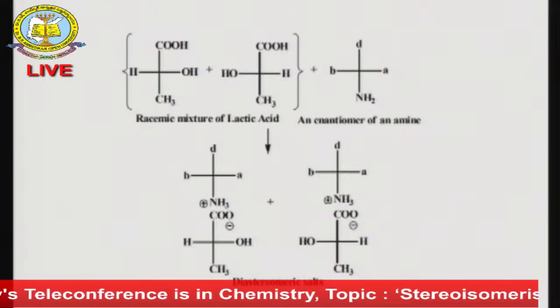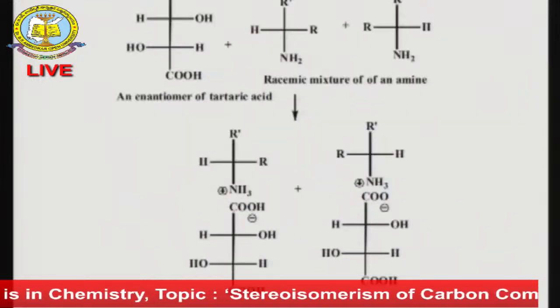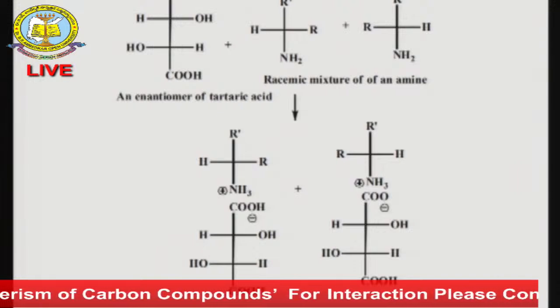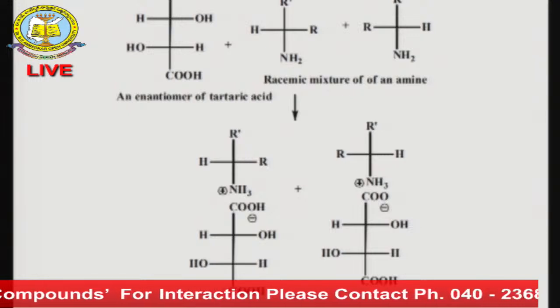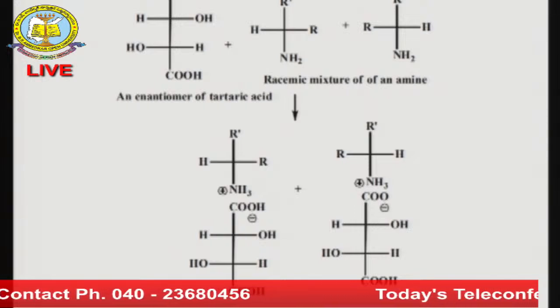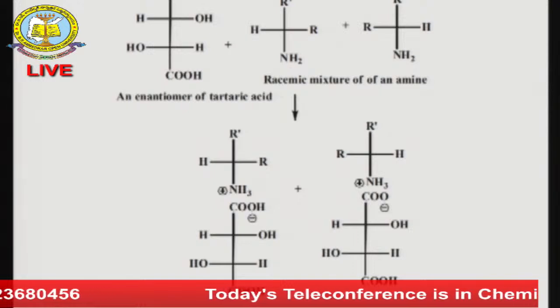So if you see the reaction here, where tartaric acid is treated with a chiral amine derivative, the very important thing is that the outsider compound must be chiral and optically pure, and the outsider compound which is treating these enantiomers must be easily available and stable to the reaction conditions.